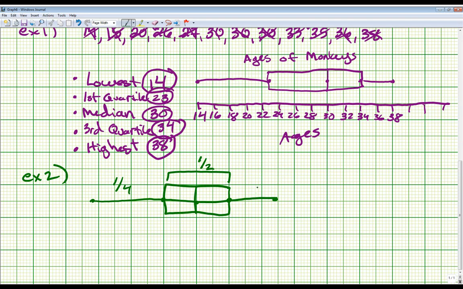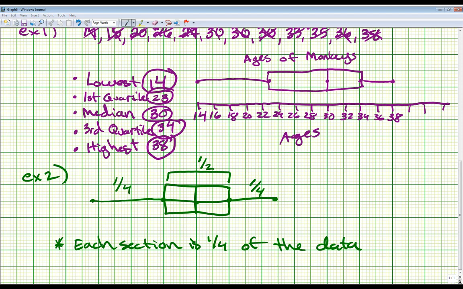This last little section would also be 1/4. So each section is 1/4 of the data. So really, each of these pieces is 1/4. So when we're talking about how many students are 22 and higher, we would say 1/4 would be 22 and higher.